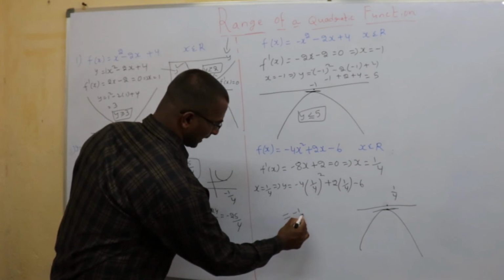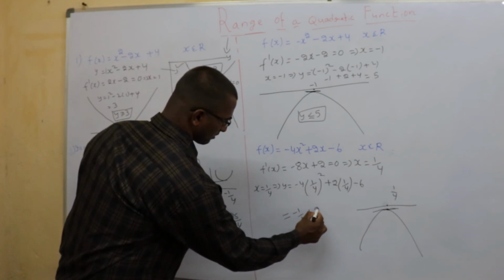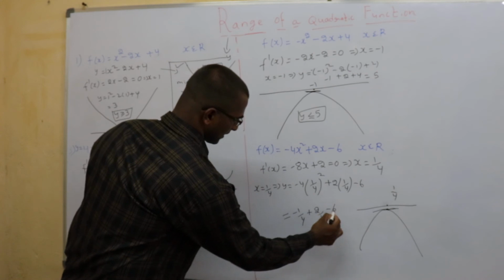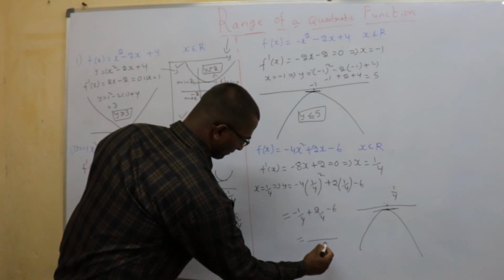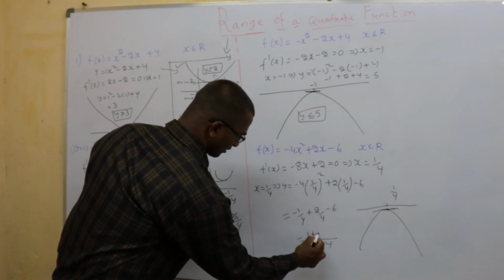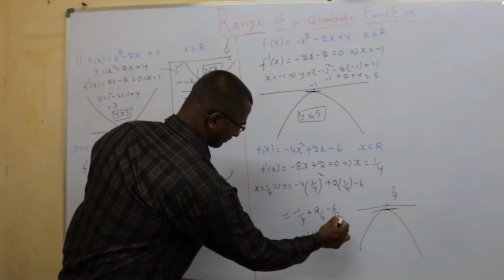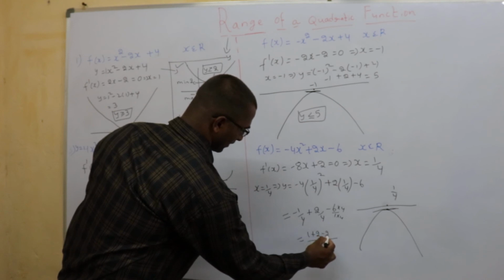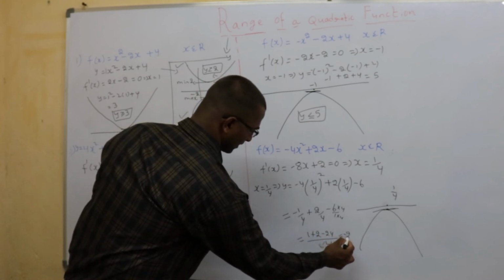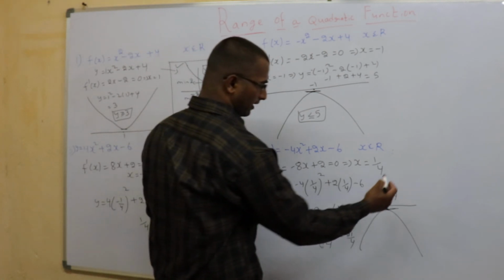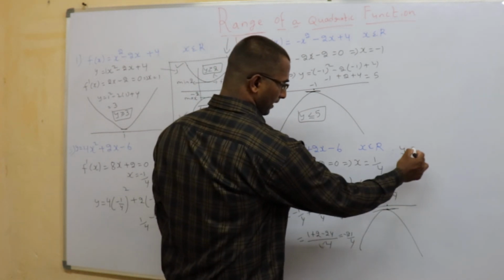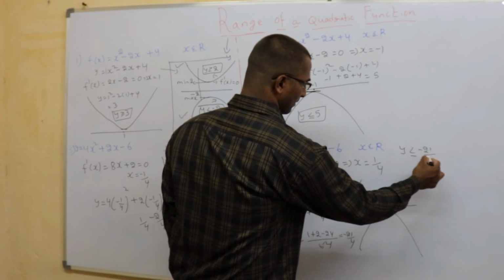So this becomes minus 1 by 4 plus 2 by 4 minus 6. If I take the LCM, 1 plus 2 minus 24, I get minus 21 by 4. So the answer is y less than or equal to minus 21 by 4.